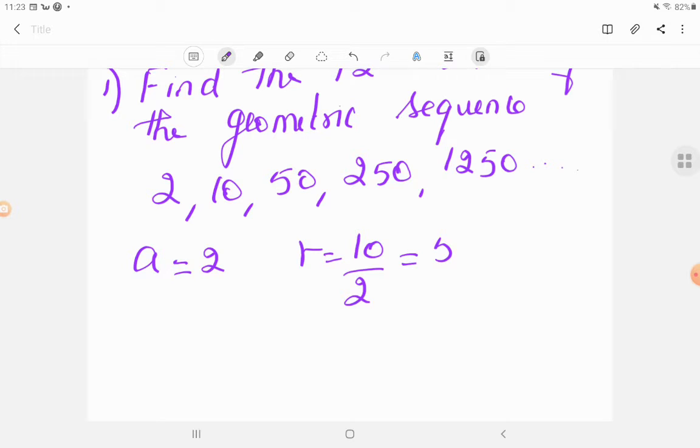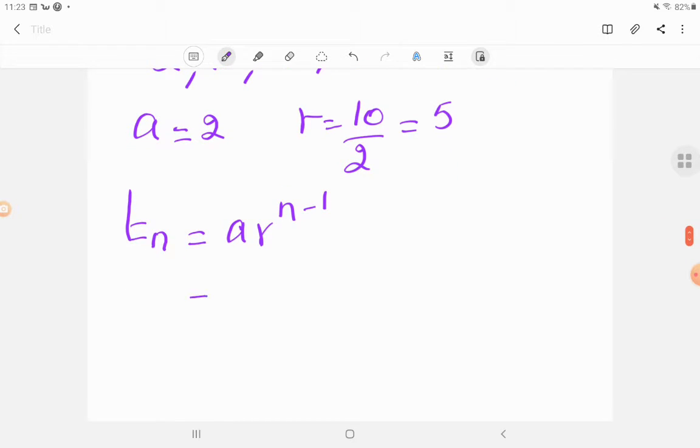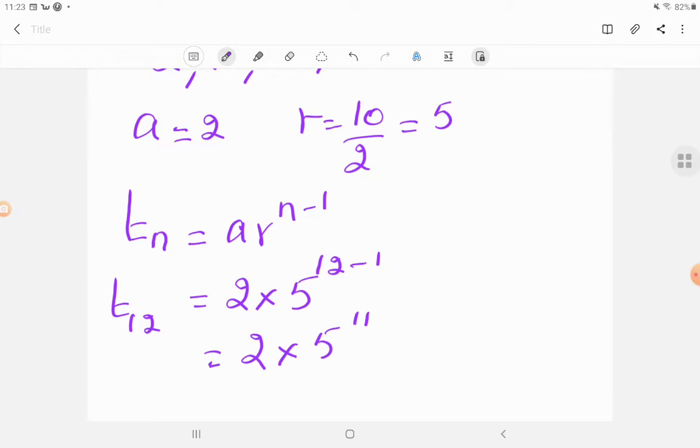That gives you 5. So what is the formula used? Tn is equal to ar to the power of n minus 1. We have a is 2 and r is 5. And we're finding the 12th term, so you replace n with 12. So 5 to the power of 12 minus 1. Therefore, 2 times 5 to the power of 11.